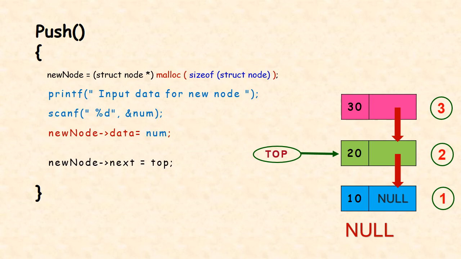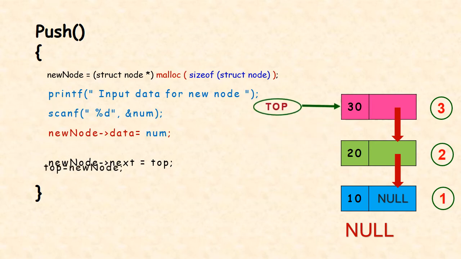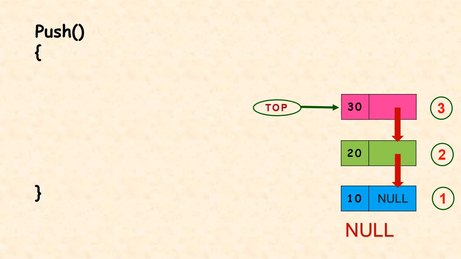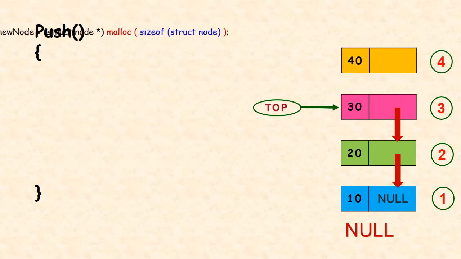Now I have to make the new node the top, because that is the latest node placed on the top. So top is equal to new node will help us to make new node the top. Same repeated again. I think I don't need to explain the same.